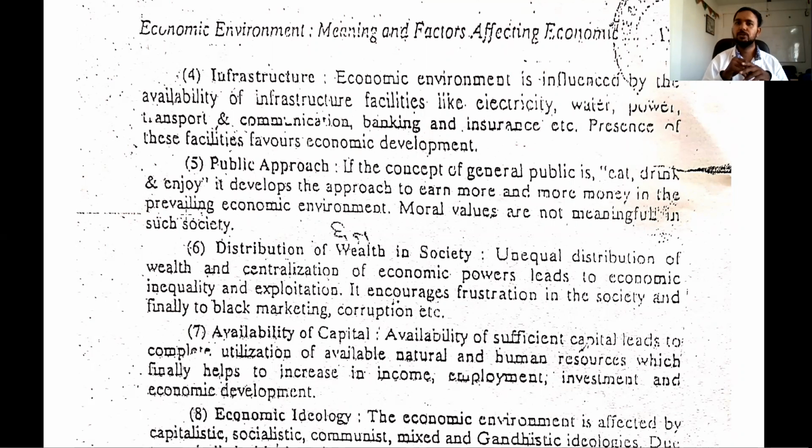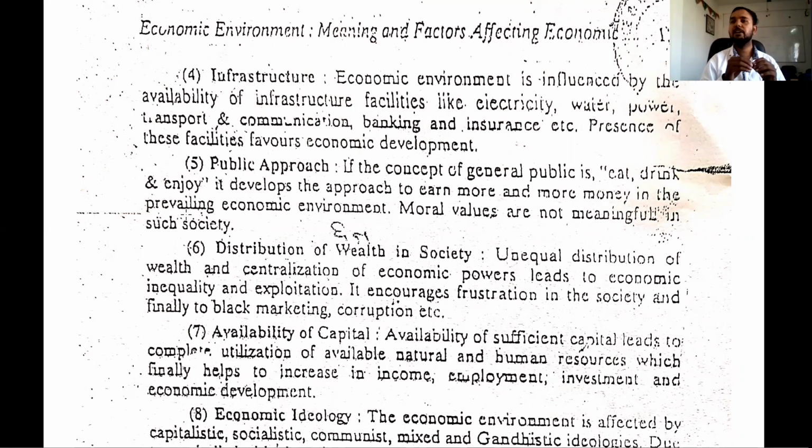Now, public approach: eat, drink and enjoy. These are some of the concepts of the general public, who think that way. Some of those concepts are adopted by people, and this might affect the environment, and a company or any single firm cannot control the people in the market.